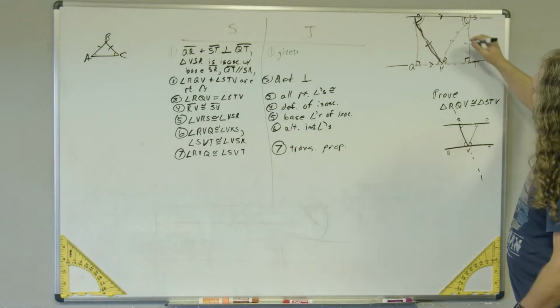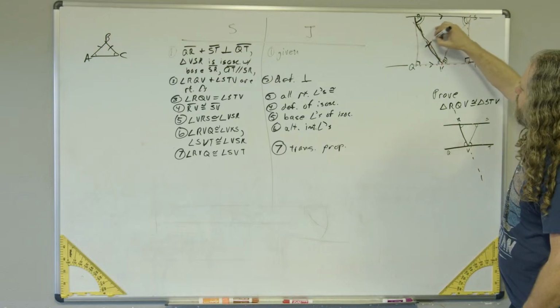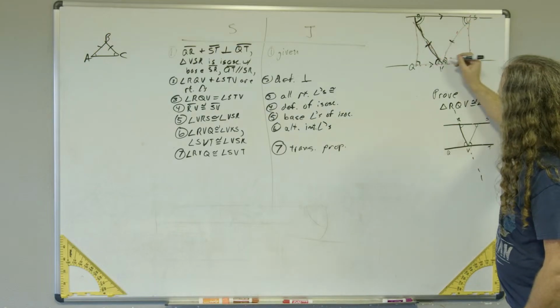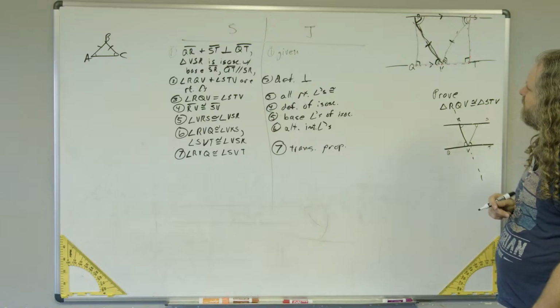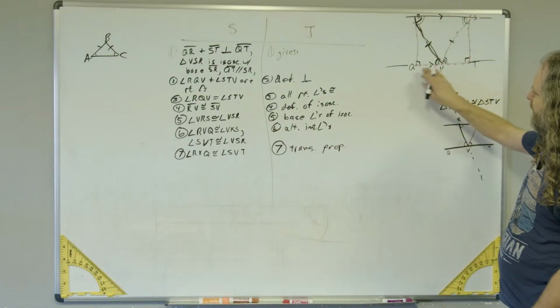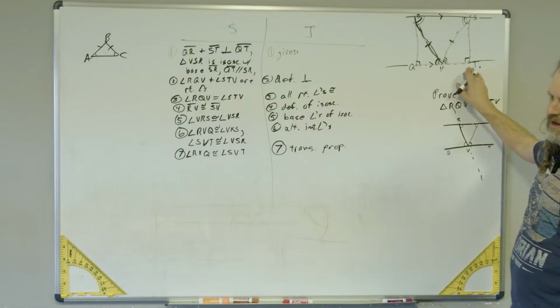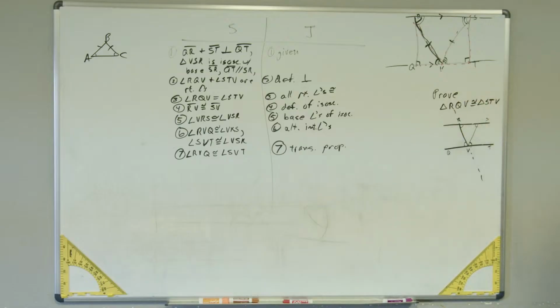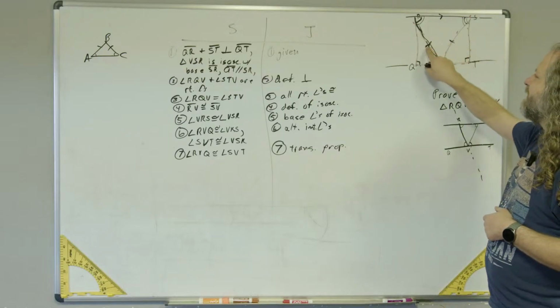So we've got this side is congruent to this side. We've got this angle is congruent to this angle. We've also got these angles are congruent. So do we have a proof of congruence yet? Yeah, which one? No. Angle, side, angle, side, angle, side, angle, angle, side. I've only got one side, right?